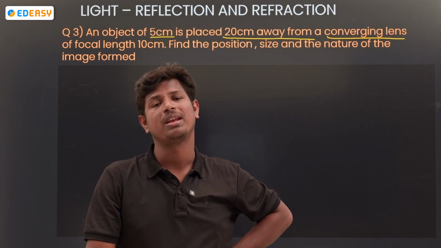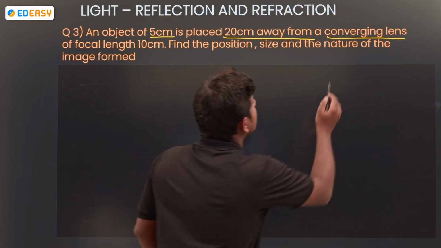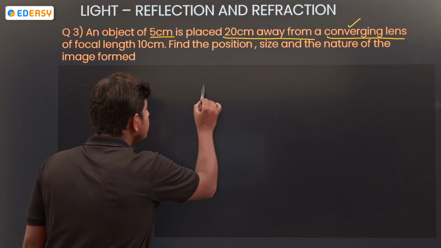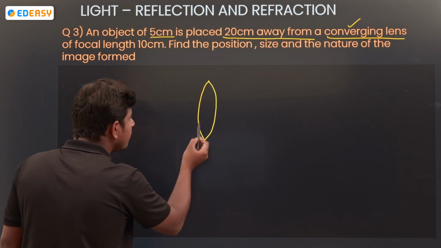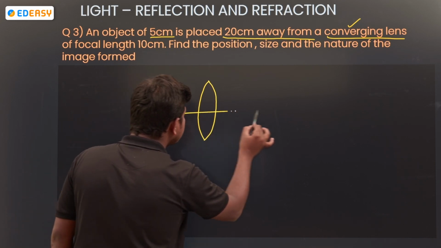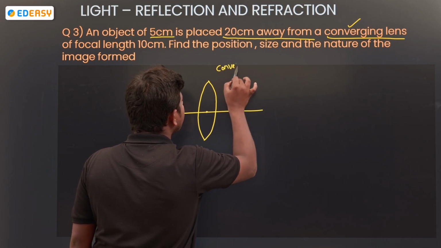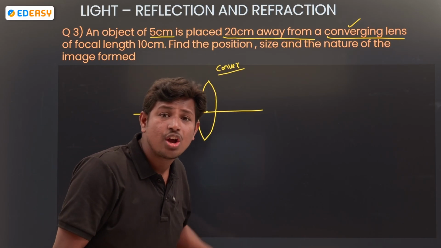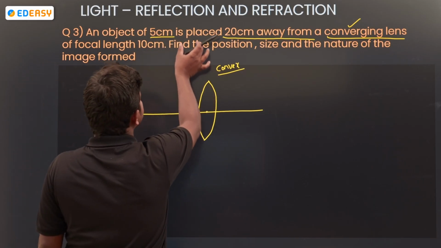No, they did not mention, but they gave a hint. Which lens is it? Converging. Converging lens means which lens? Convex lens. By seeing the diagram you may know it. Convex lens.